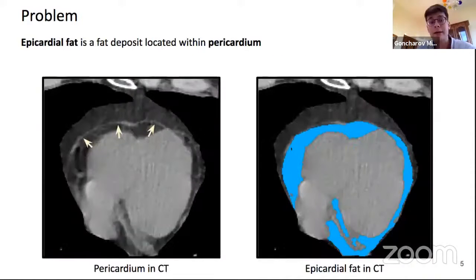So now let me define what is epicardial fat more properly. In the left picture, you see the pericardium line, and in 3 dimensions, you can imagine the pericardium as a bag which contains the heart. And now epicardial fat is a fat deposit located within pericardium, as you can see in the right picture.